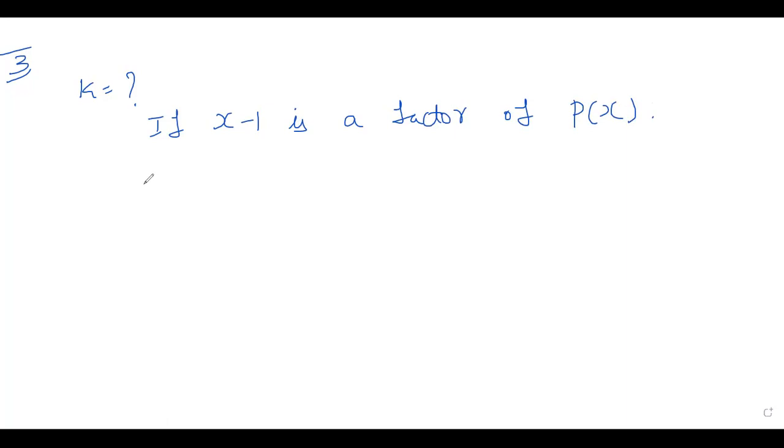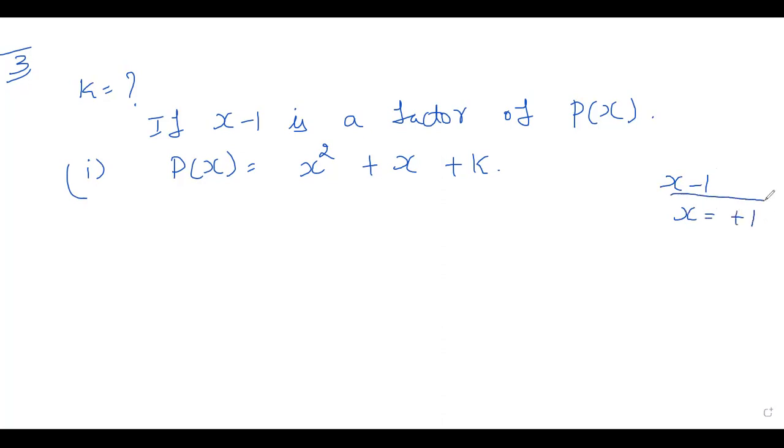So what is our first one? What is the given polynomial? P of x is equal to x square plus x plus k. So it is x minus 1. So x is equal to plus 1.